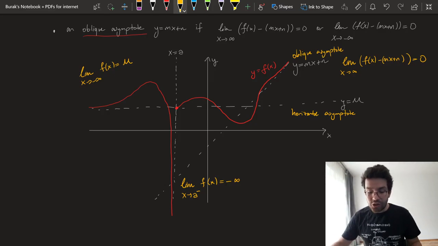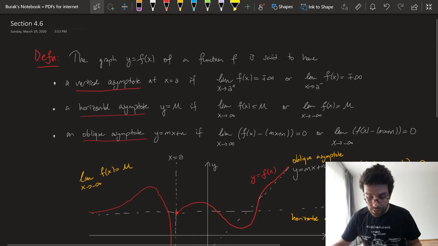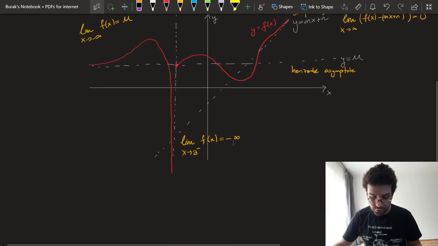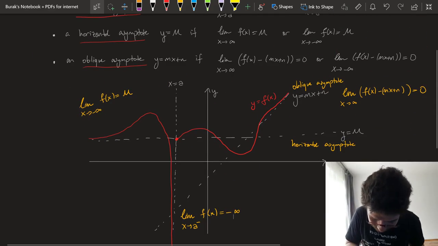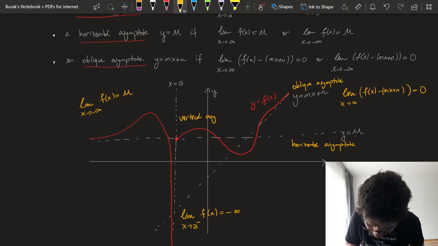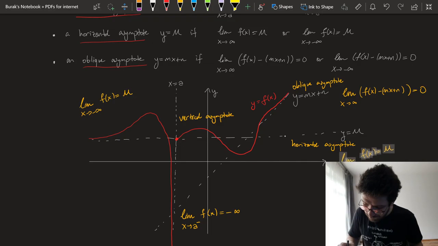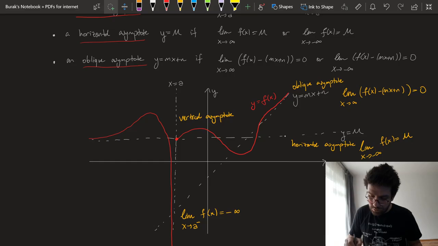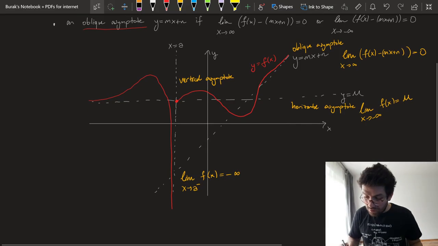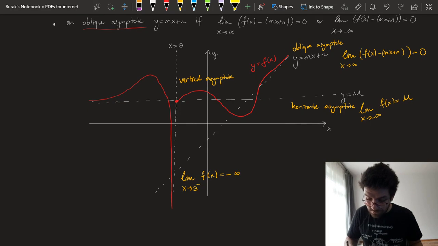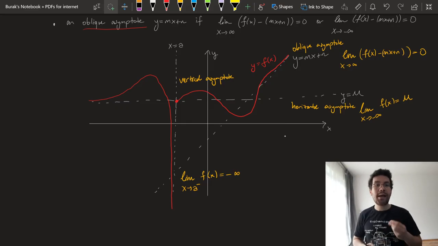And this by definition tells you that you have a vertical asymptote. Let me take this and put it over here. Okay, so in this picture, you see all these three types of asymptotes.